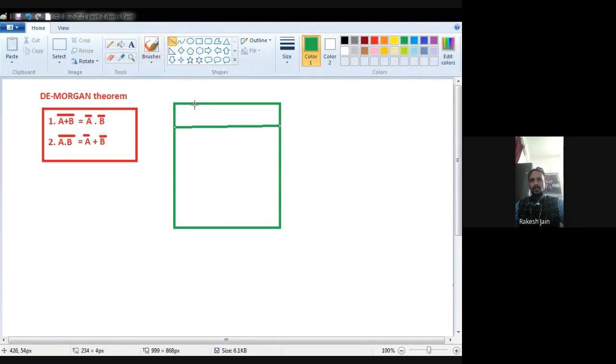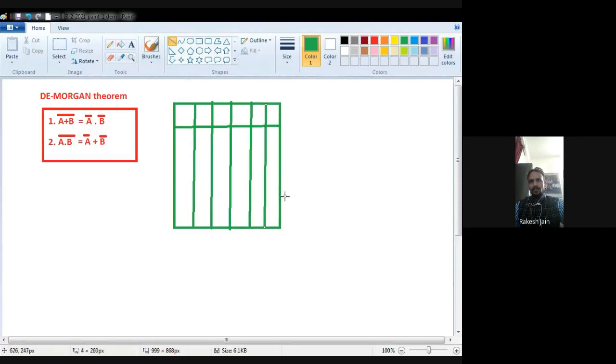First of all we require a number A, and the second input number is B. Then for the LHS we require first A plus B, then we require A plus B bar.